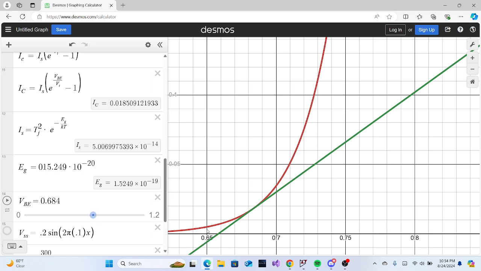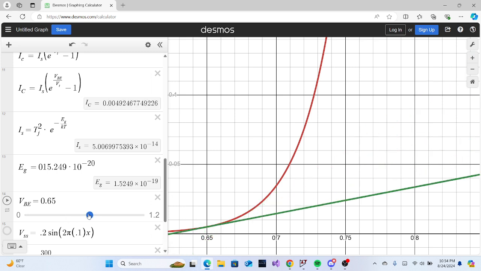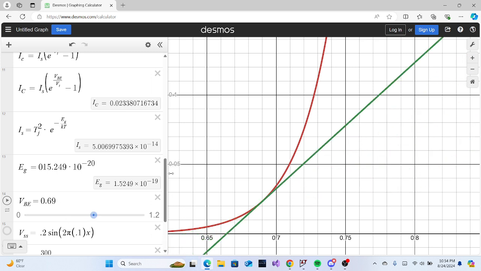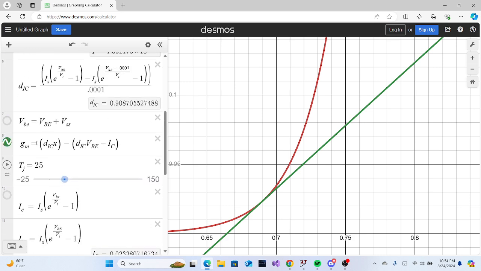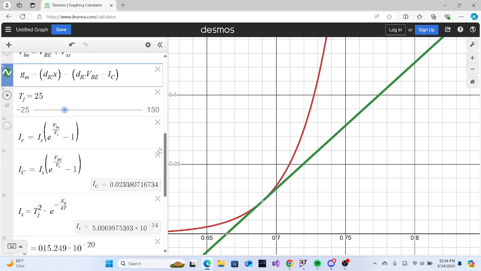This tangent line that gets created is known as transconductance, or GM, and this draws that line for you. Now I had to do some things to get it to draw the line in place, so this is not actually usable as a GM value for any of the other calculations we're doing.